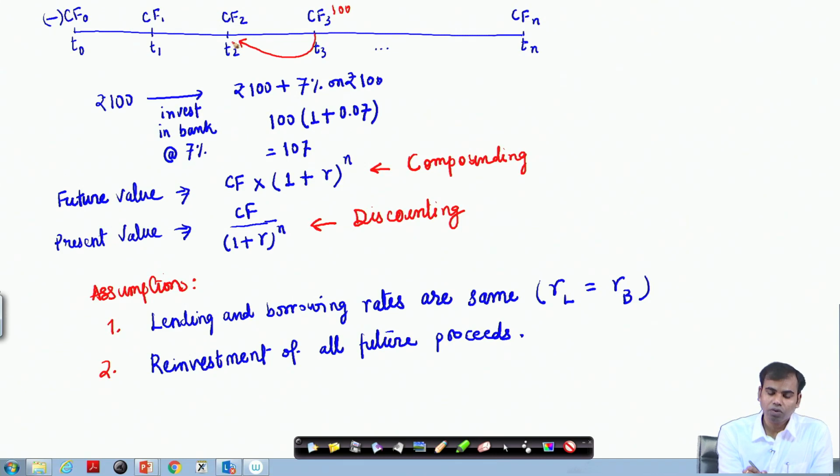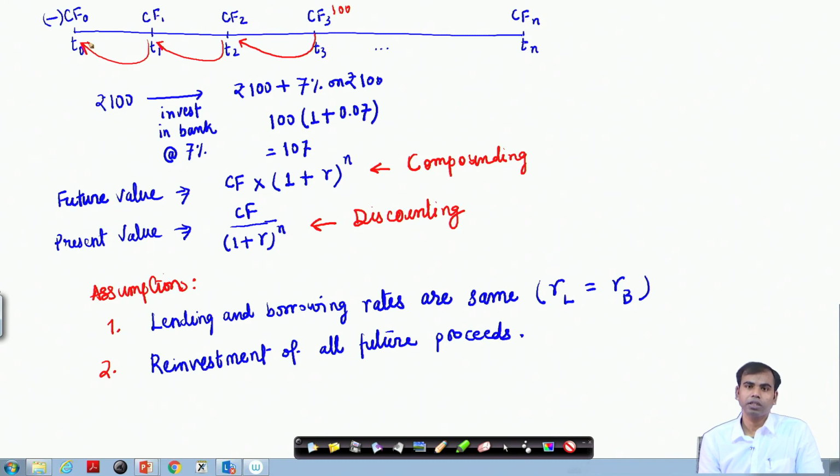So, when you calculate the present value of future cash flows, you are bringing all future cash flows to present time with the interest income that is being generated for that period at the rate of r. So, these are the two major assumptions based on which the tools and techniques of present value calculation are formulated.